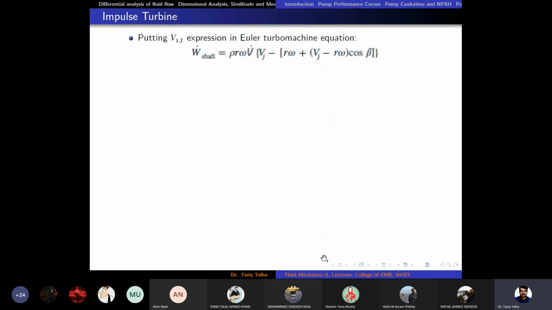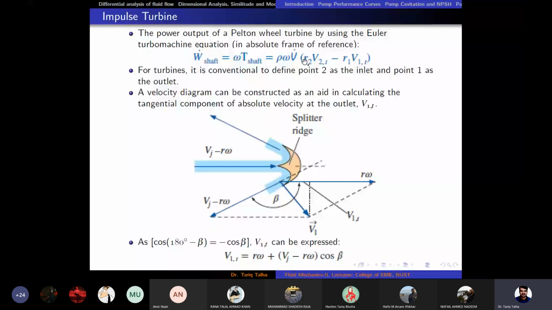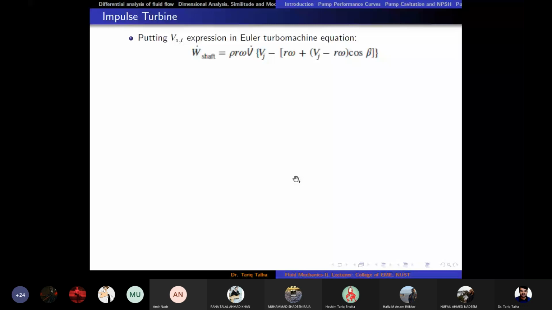So if we put these values here, one thing we have done is that R2 is equal to R1, which is equal to R. So we have taken R common. So V2T is equal to Vj, and instead of V1T, we are putting this expression by using the velocity triangle. If we put that, we come up with this.